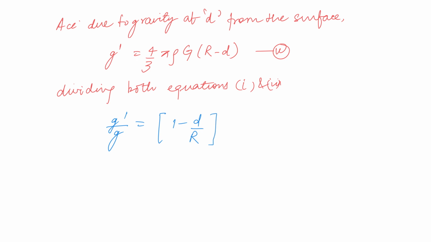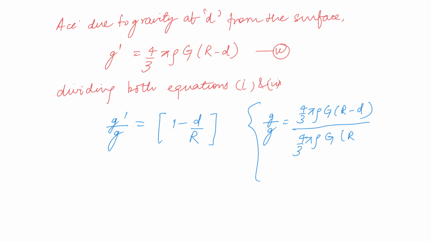So how did this 1 minus d by r come? If you see g dash upon g, that means 4 by 3 pi rho G (r minus d), and this was 4 by 3 pi rho G r. So this term is cancelled out.